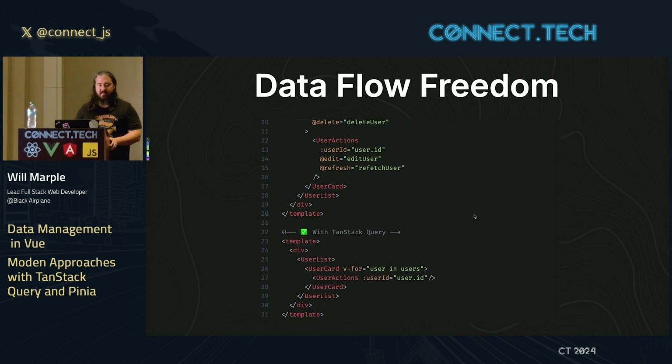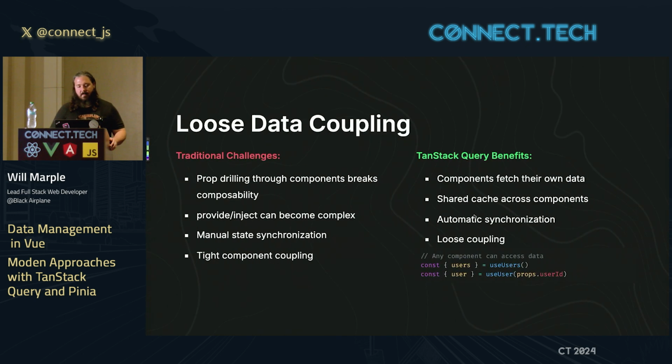Really don't have to pass much in the way of props. So components will fetch their own data. They don't care about input data anymore. The TanStack Query package will give them a shared cache across all the components, so they're automatically synchronized. And that really achieves the loose coupling that we were looking for.